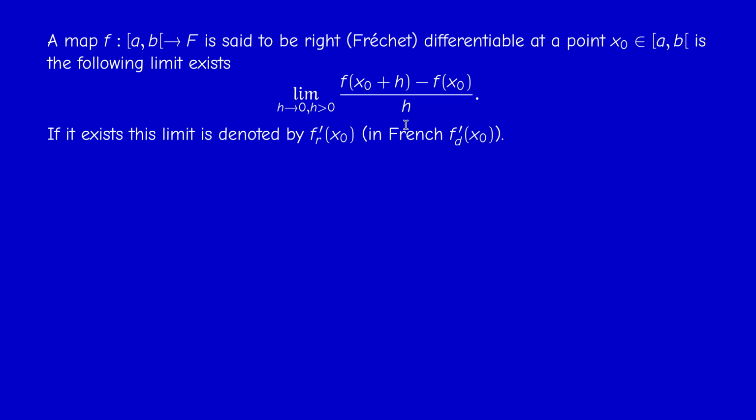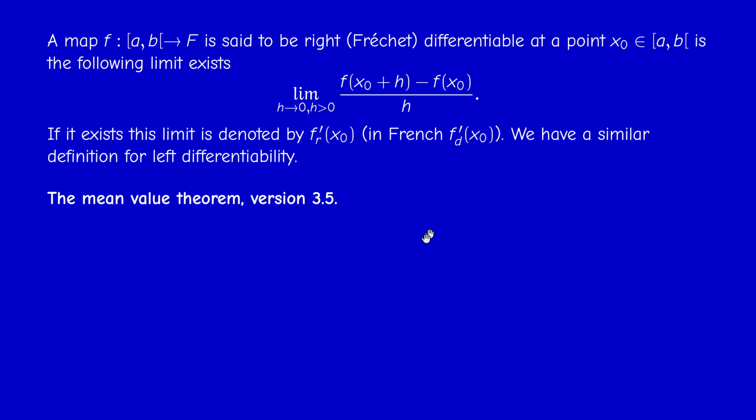We cannot do the same definition for maps defined on a normed space. This is really something particular to the real line, because we have the notion of left and right. If this limit exists, in English it's denoted by f prime r of x0, derivative from the right. In French, f prime d, dérivée à droite. Of course, we have a similar definition for left differentiability.